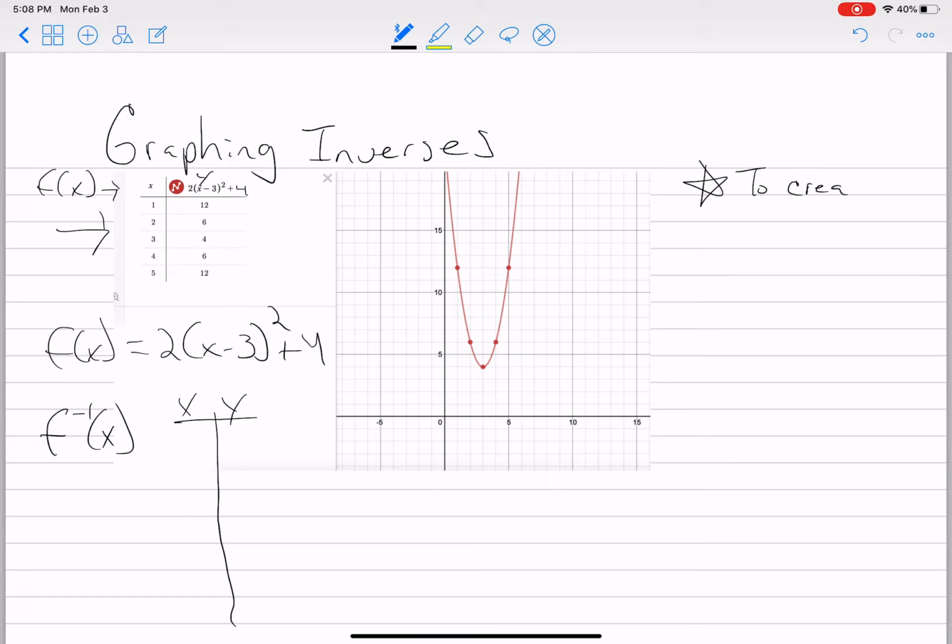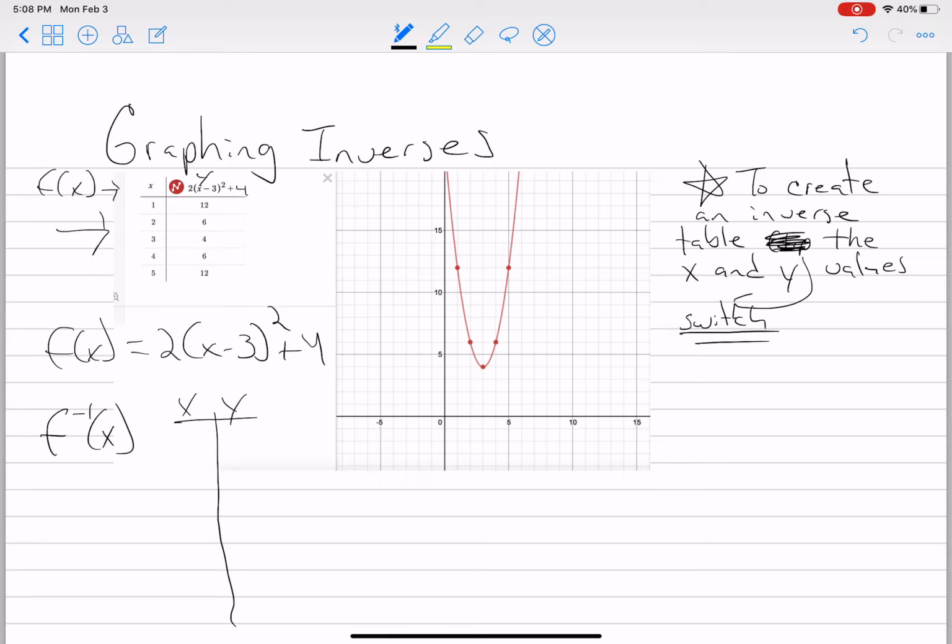To create an inverse table, flip the x and y values. And maybe flip's a bad word. Maybe don't write flip, say switch the x and y values, okay?